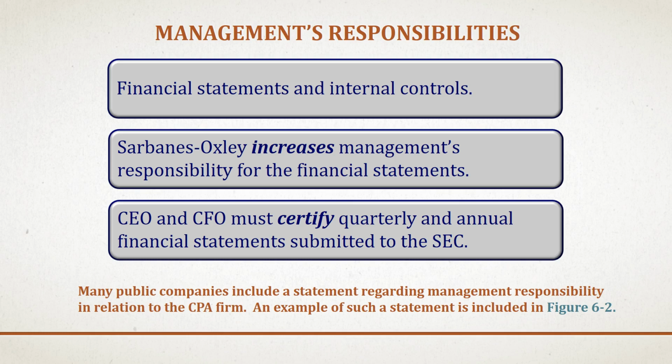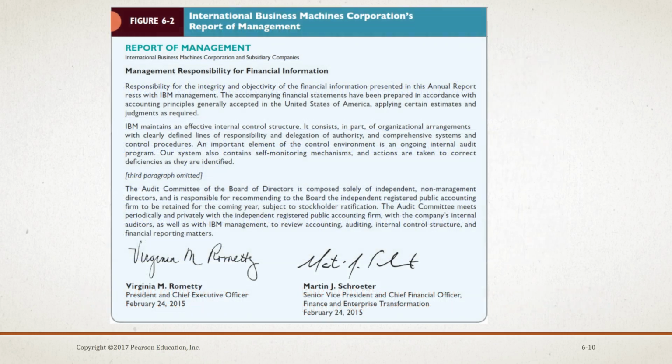So management is responsible for financials and internal controls. Those companies that are publicly traded increase management's responsibility for the financial statements. The CEO and CFO must certify quarterly and annual financial statements submitted to the SEC. And this statement that we see in Figure 6.2 is very clear cut.